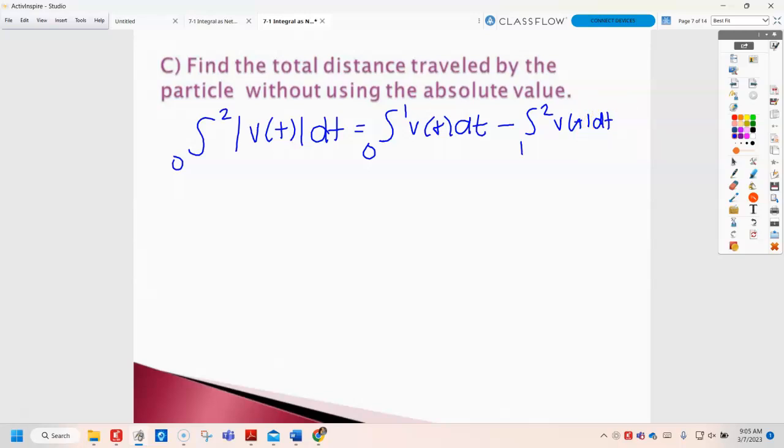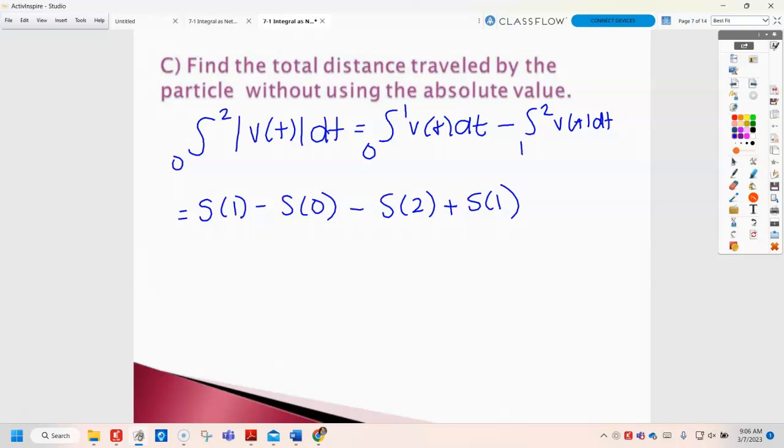So remember that the integral of velocity from 0 to 1 is kind of like saying s of 1 minus s of 0, minus s of 2 minus s of 1. That's top minus bottom, and the antiderivative of velocity is position. So we just calculated s of 2.